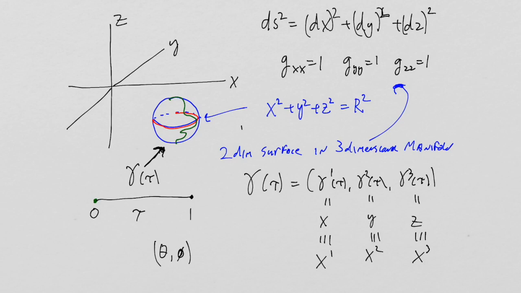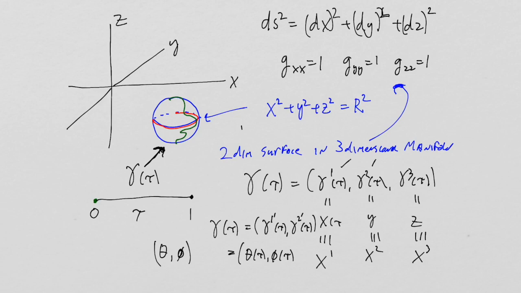And then you could instead consider gamma tau to equal gamma 1 prime of tau and gamma 2 prime of tau. I just need to distinguish it from these guys, who've already claimed the 1 and 2 index. And that would actually be theta of tau and phi of tau, right?